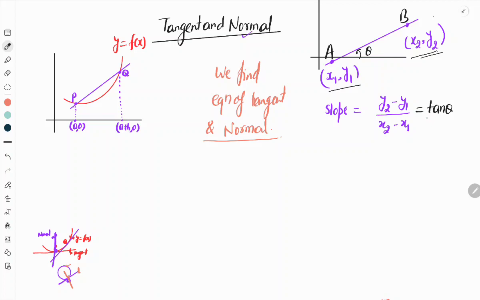And this is equal to tan theta, and theta is what?